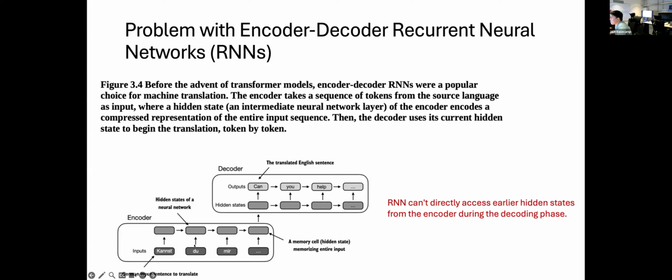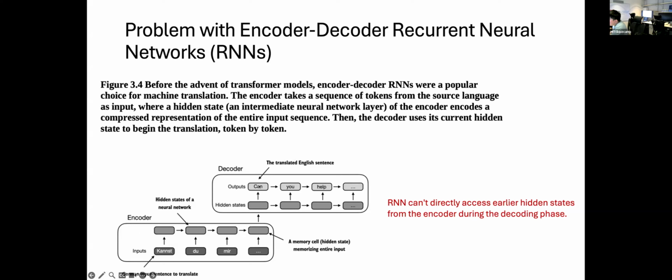Basically, the encoder encodes the tokens into a single hidden cell, and then the decoder uses the hidden cell to translate or decode the sentence.